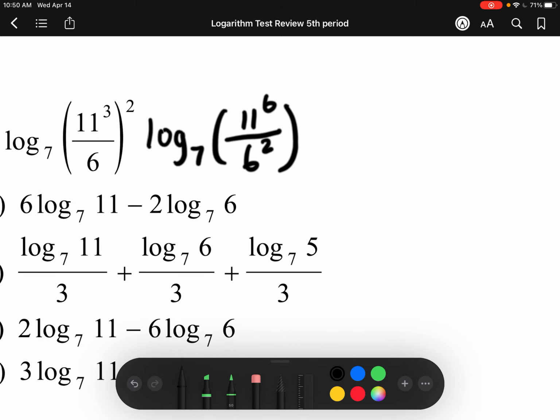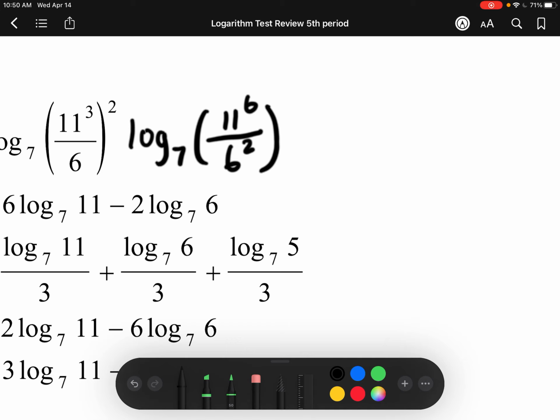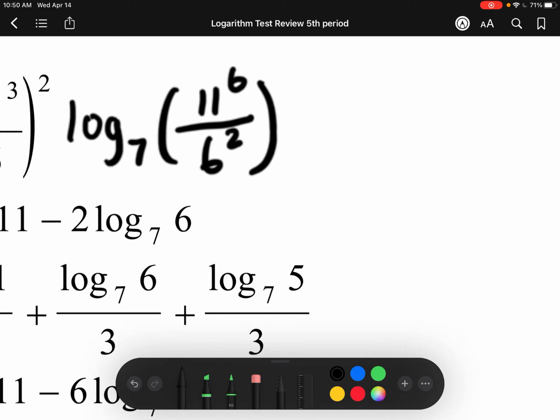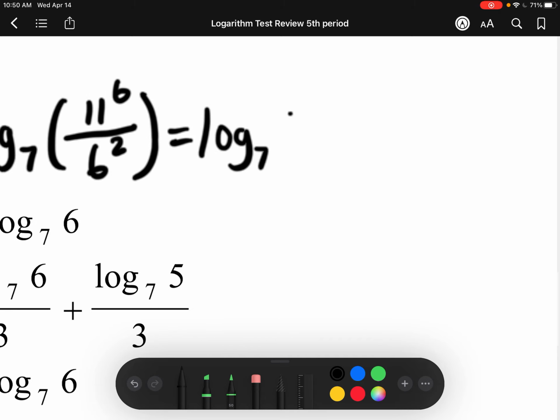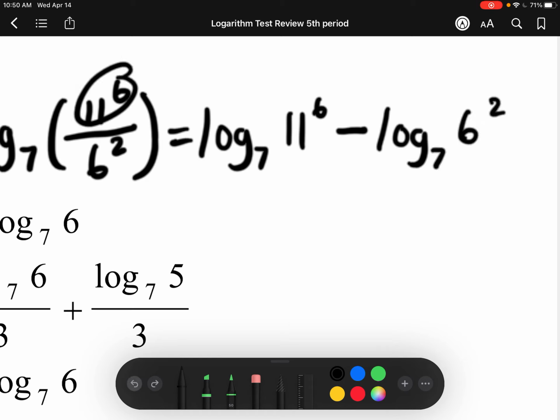All right, so now we can expand using the quotient property. So with the quotient property, when you see this, it's going to be the top number minus the bottom number, right? So this is going to be log base 7 of 11 to the 6th power minus log base 7 of 6 squared. So it's going to be this minus this with the logs included, right?